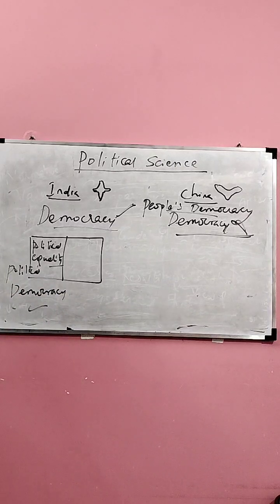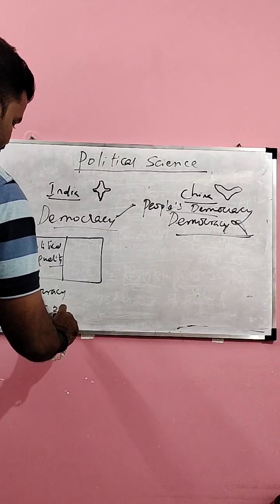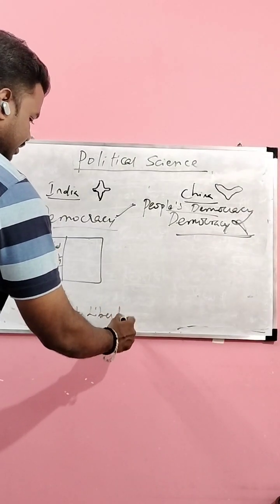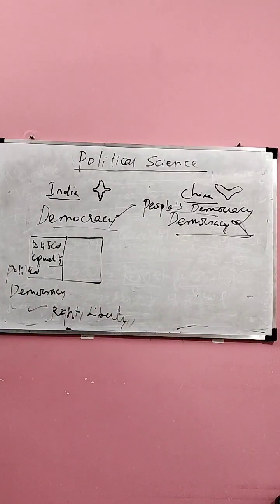For example, rights and liberty are better guaranteed. There is a list of guaranteed rights within the Indian Constitution called fundamental rights. They guarantee rights to the people, they guarantee liberty to the people, and they guarantee political equality to the people. So all people in India are equal before the law, regardless of sex, religion, caste and other identities.